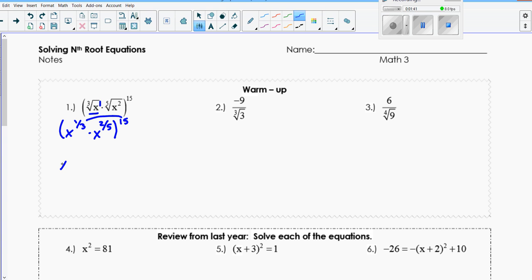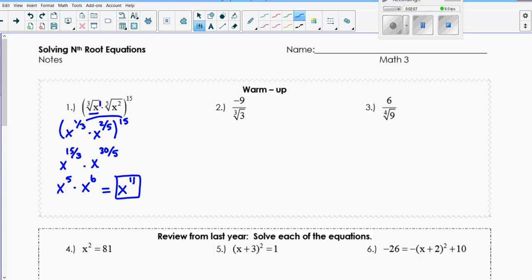Okay, so that becomes x to the 15/3 times x to the 30/5. You can see that I can divide these. This becomes x to the 5th times x to the 6th. Notice same base, since I'm multiplying, I can add my exponents, so I get x to the 11th power.